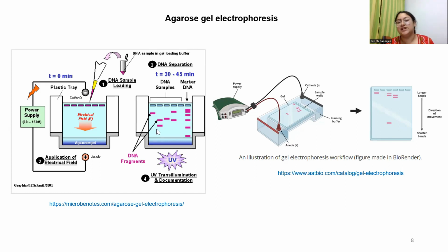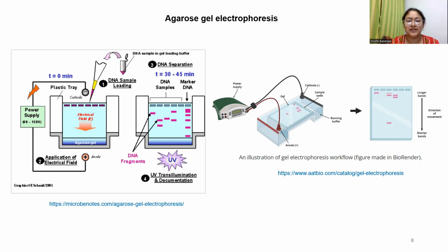Now, how do you observe it? DNA is running through a gel, and you cannot see it with your eyes. So you have to stain it. We stain the entire gel with a dye called EtBr. It's an intercalating agent and it will intercalate within the DNA base pairs, giving you a fluorescence color.